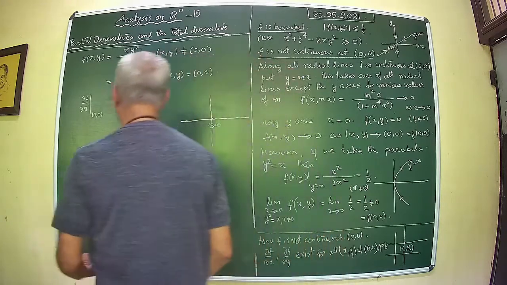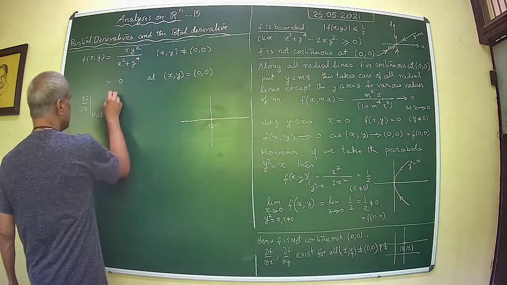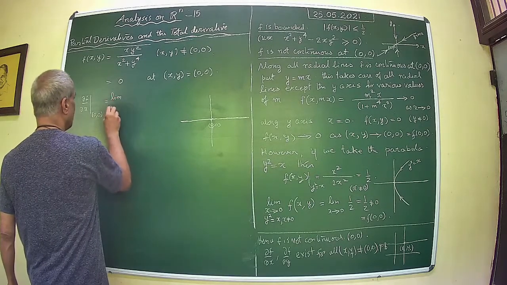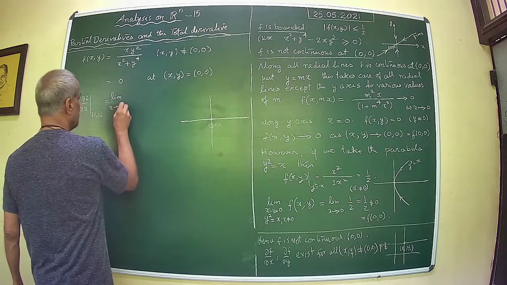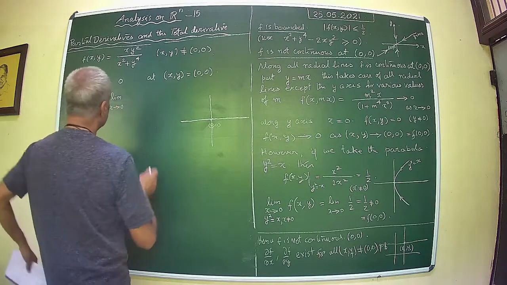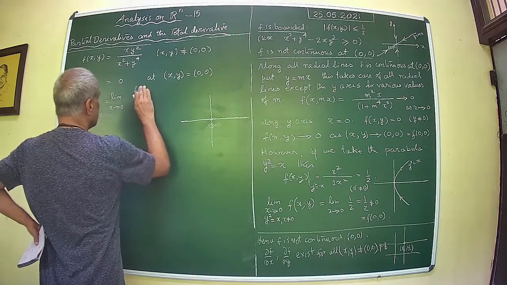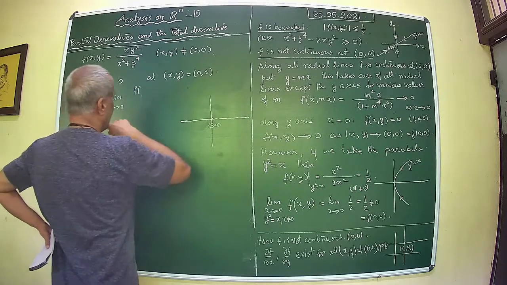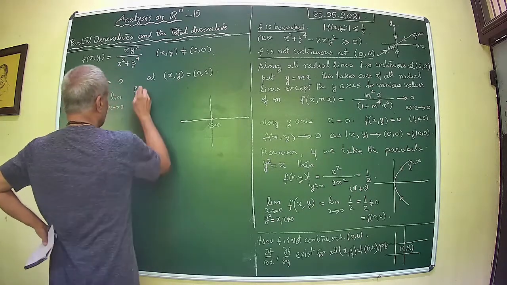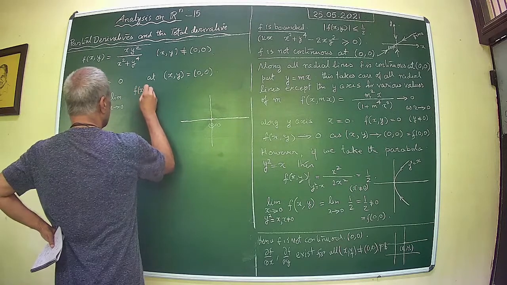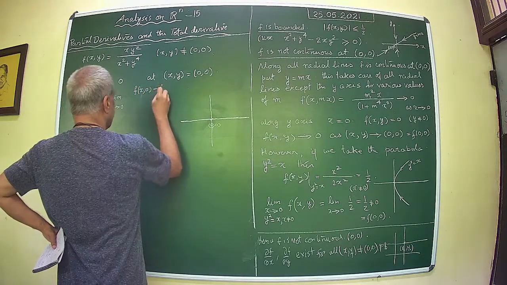So this is equal to the limit as h goes to 0 of f of (h, 0) minus f of (0, 0), over h.